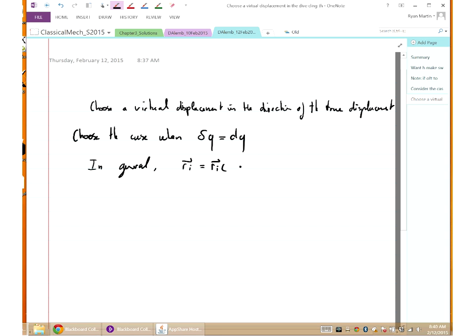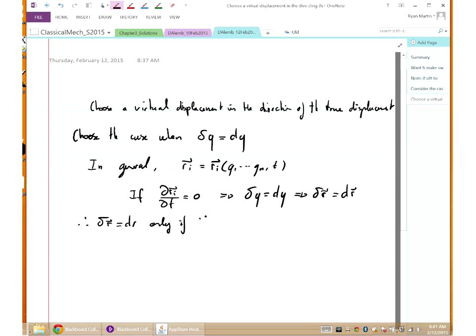Now, in general, Ri is a function of Q1 to Qn and T. Only if ∂Ri/∂T equals 0, so only if R doesn't depend on T when it's expressed in the generalized coordinates, then delta Q equals dQ implies that delta R equals dr. So delta R equals dr only if ∂Ri/∂T equals 0.